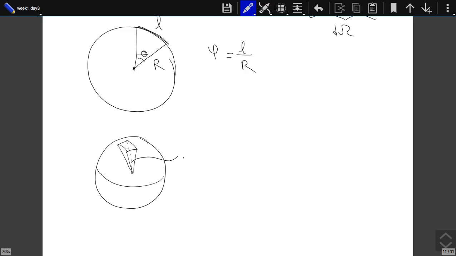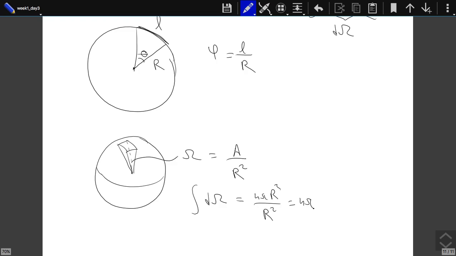And this angle here is what's called omega, the solid angle. And the definition is the area divided by r squared. So from this definition, what is the total solid angle? Well, the total area is 4 pi r squared divided by r squared, so it is 4 pi.